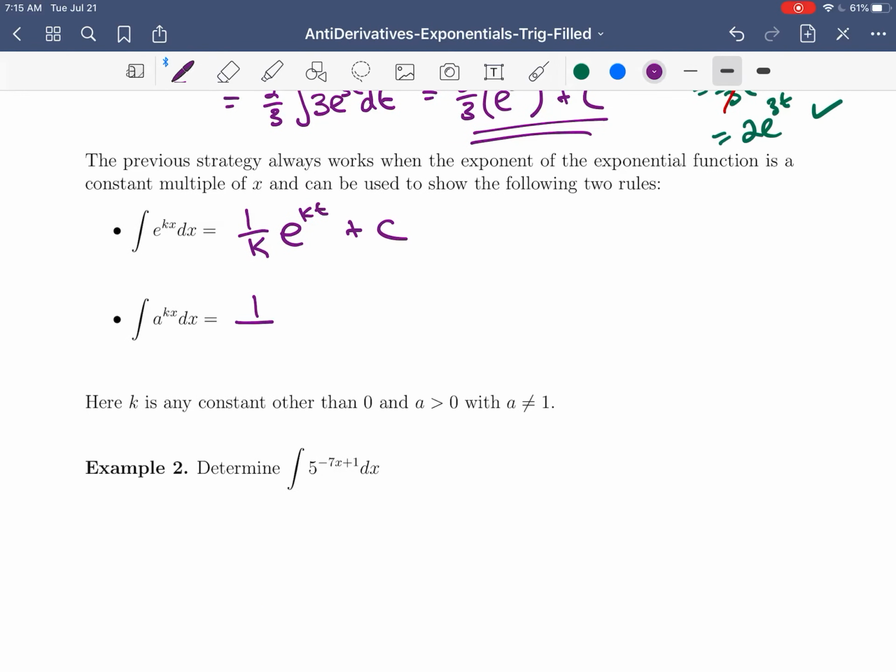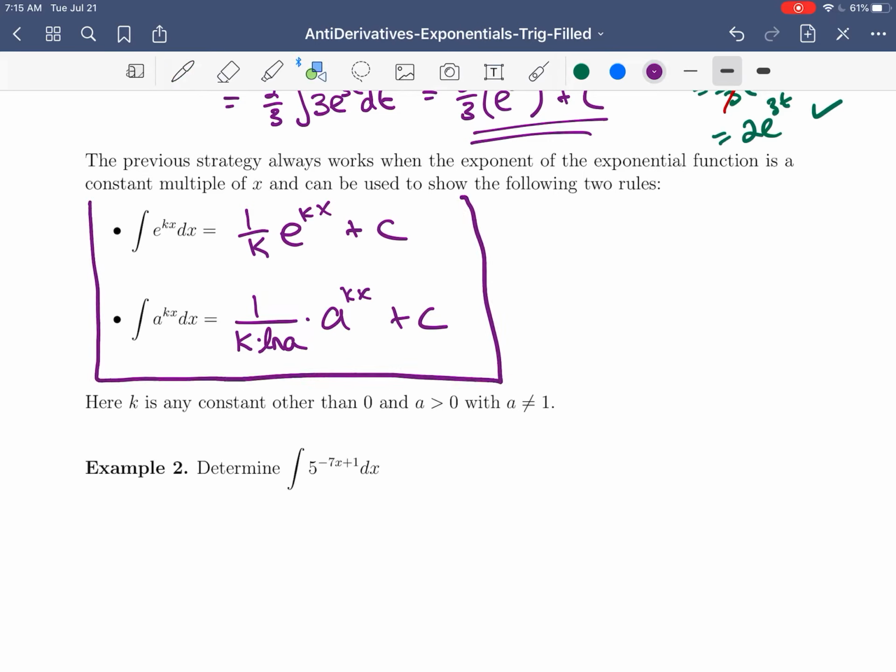So this one's going to be 1 over k times ln a, a to the kx. Oh, I've now changed to x, so I should change my variables to x, plus c. Okay, so these are how we can compute antiderivatives for these functions.